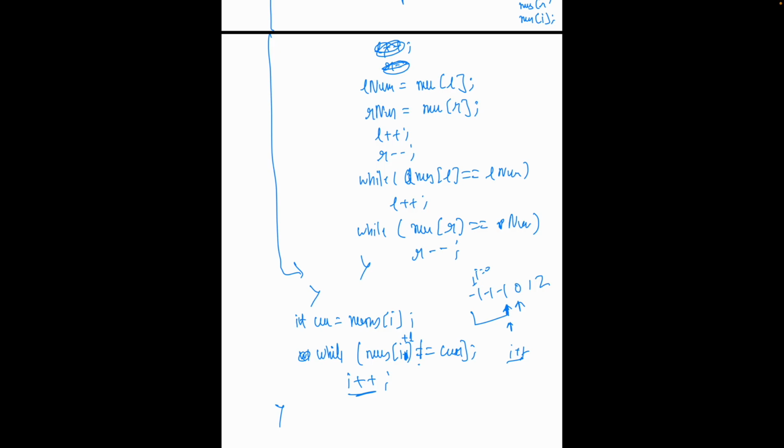Let me see what I'm missing here. nums[i], we took current. We want our pointer to be here so that the for loop can be incremented here. And I'm thinking, I want to leave i here at the last one.